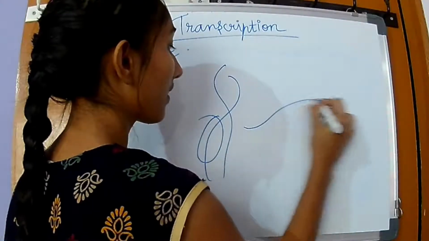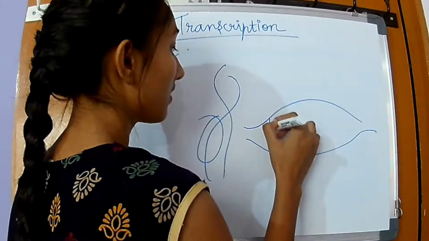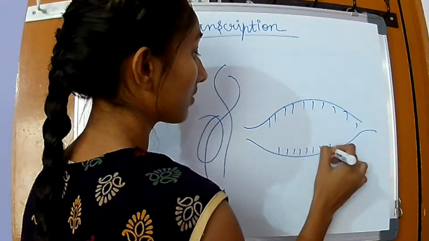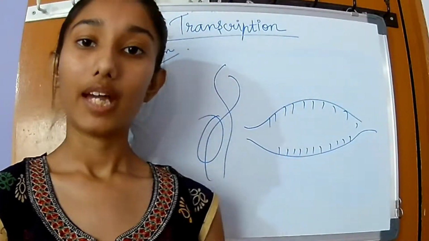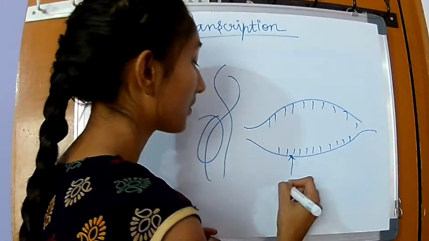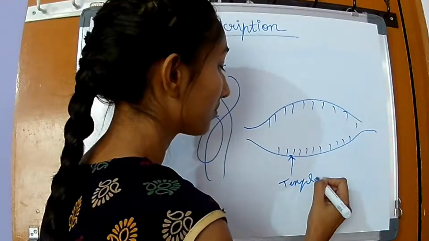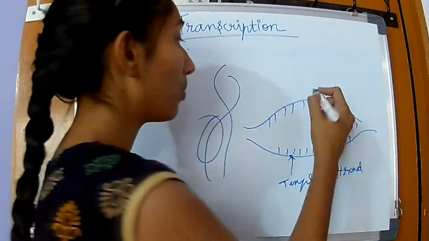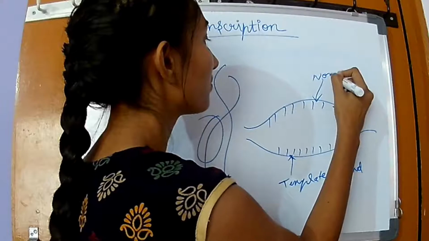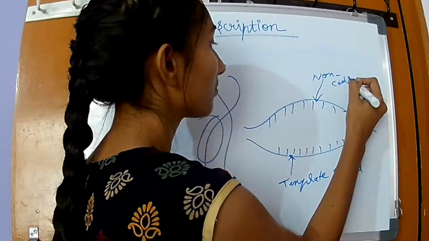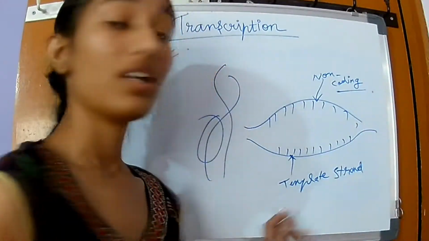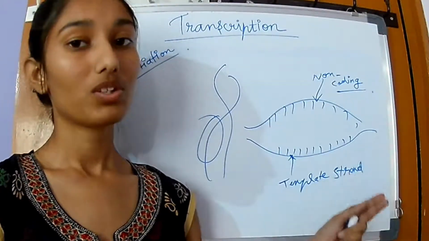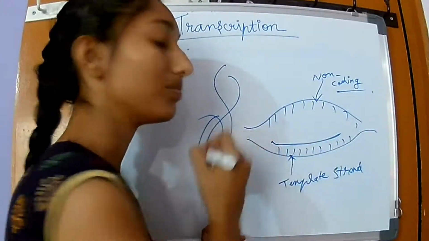So there will be one template strand and one non-coding strand. The template strand is the strand from which the information is transcribed to the RNA.